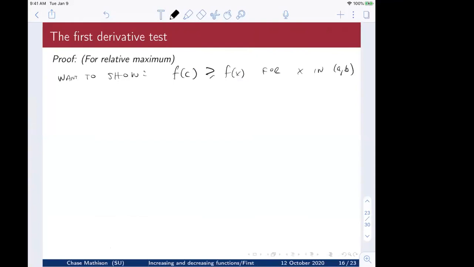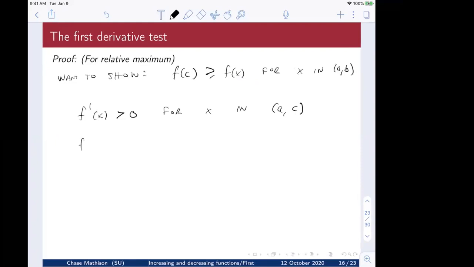So how are we going to show that? Well, we're going to say that we know that f prime of x is bigger than 0 for x in a to c, right?